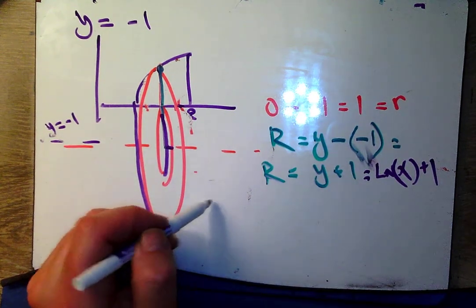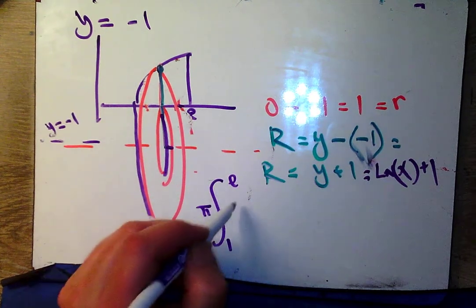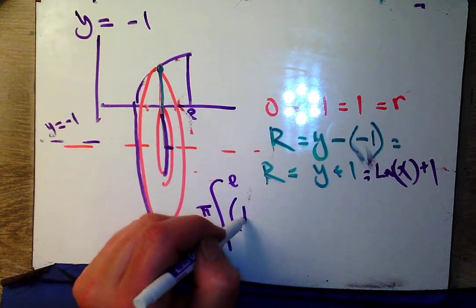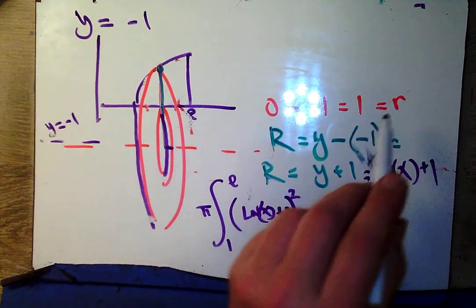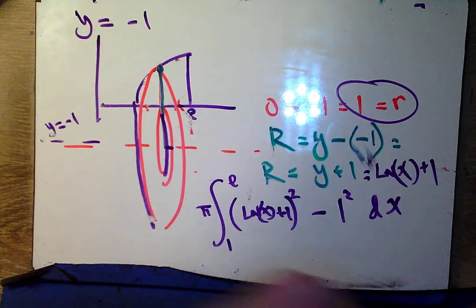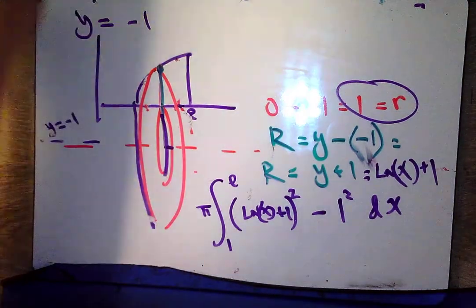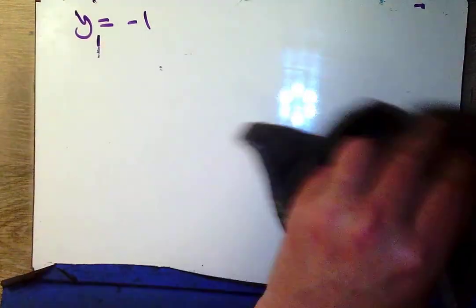Okay, so we're going to integrate from 1 to e of pi times big R squared minus little r squared dx. Nice. And then finally, let's see if we can do this with shells.